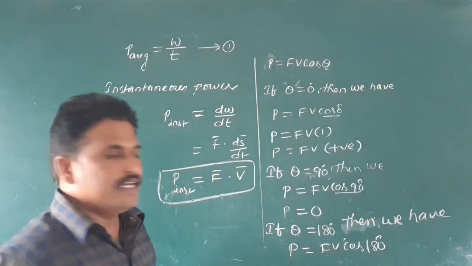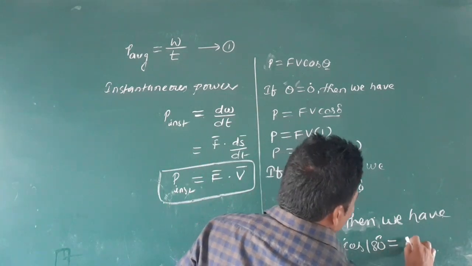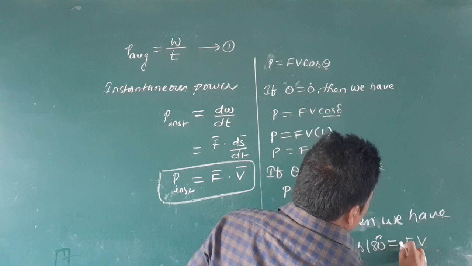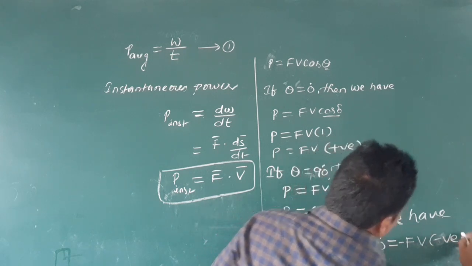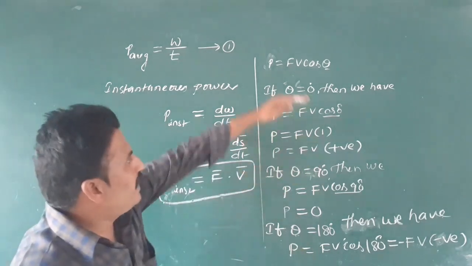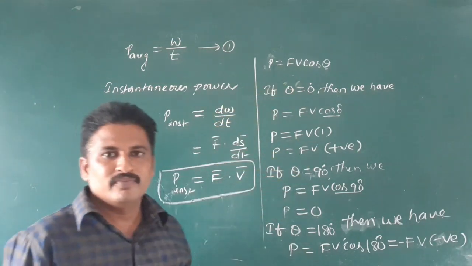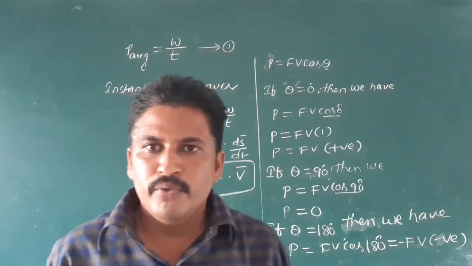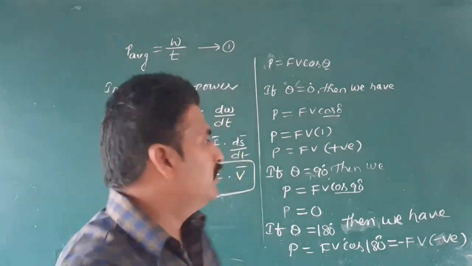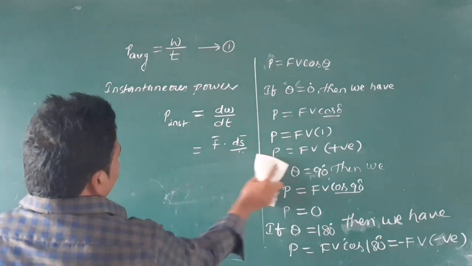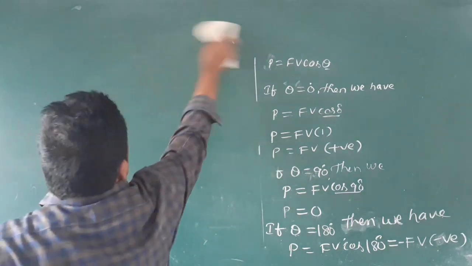Cos 180 is minus 1, so we get the result minus F v. That is, the result here is negative, students. So based on these three, we can say that power can be positive, can be negative, and also can be 0.